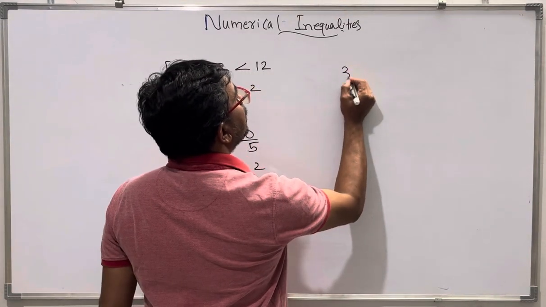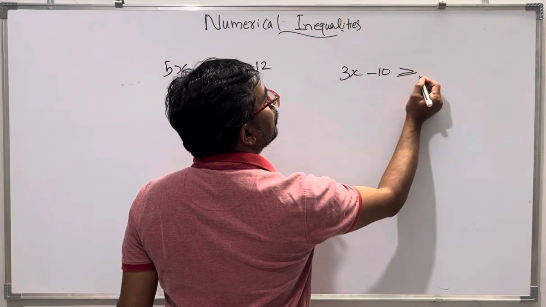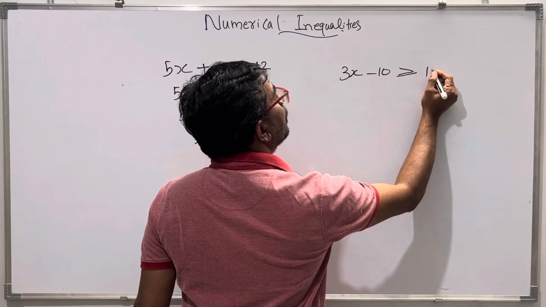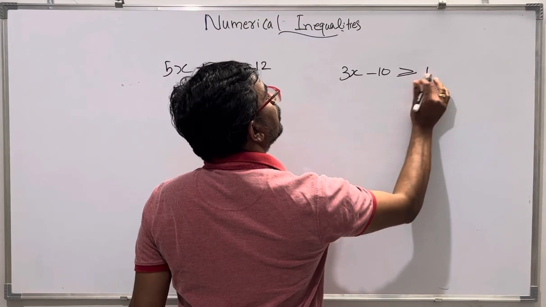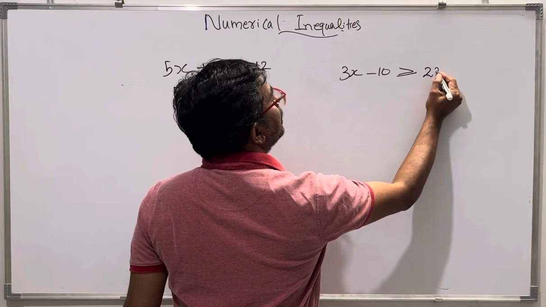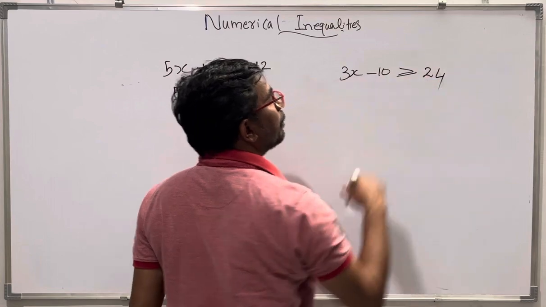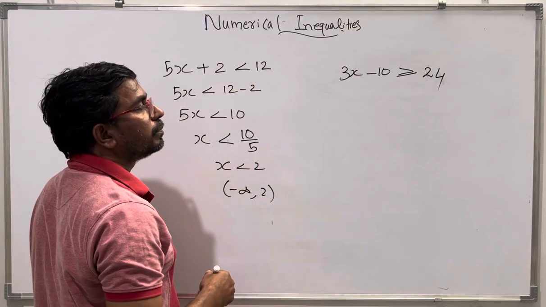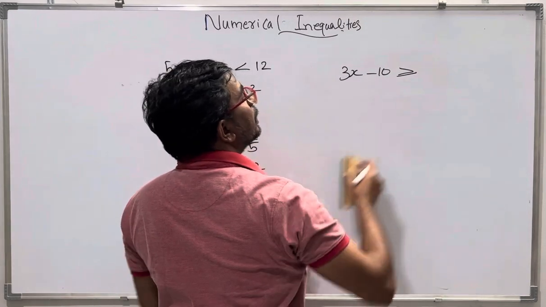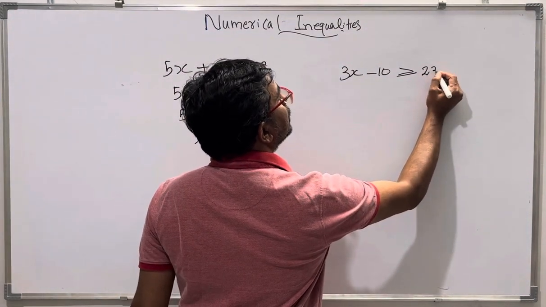Okay, let me write another example. I write here 3x minus 10 greater than or equal to 23.